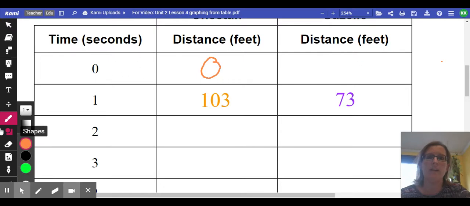So I have 0 seconds and 0 feet. Then I was given that 1 second has a distance of 103 feet. What that means is every time that cheetah travels for 1 second, it will travel 103 feet.